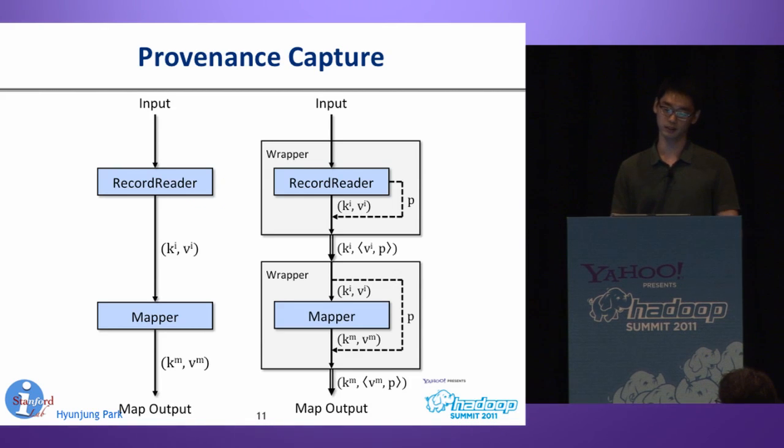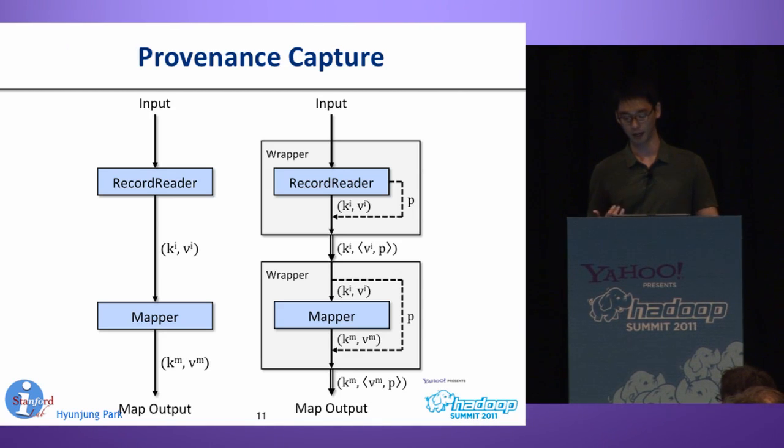And now let's take a detailed look at provenance capture using wrappers. Here is a diagram without provenance capture. In the map phase, there are a record reader and mapper. With provenance capture, both record reader and mapper are wrapped by our system.